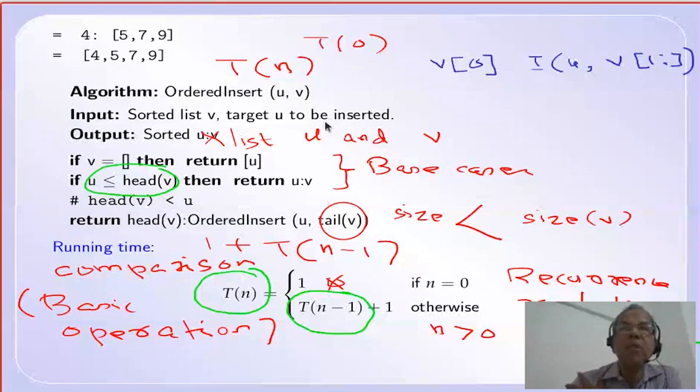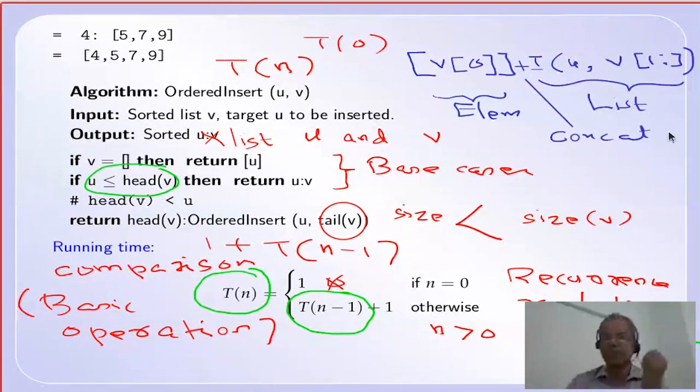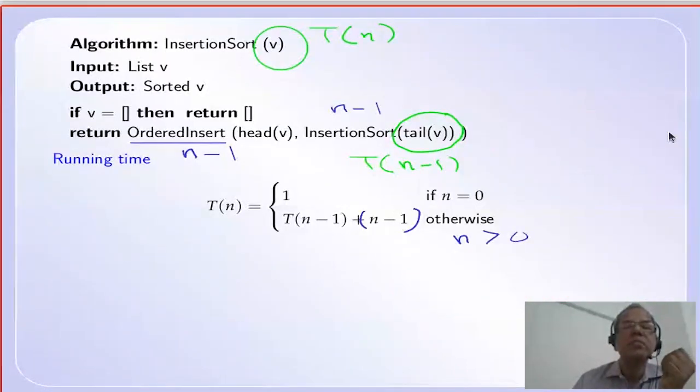There is no prepend operation in Python, so what would you do? V at 0 is an element. The result of ordered insert is a list. Therefore, you have to make this into a list and then concat. That's how you will write it in Python. Similarly here.